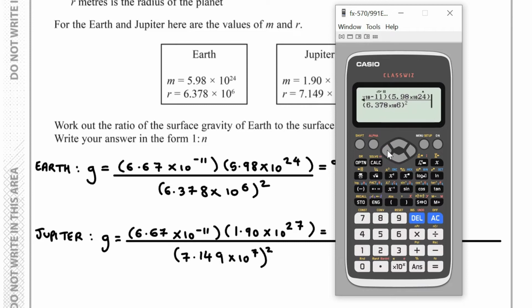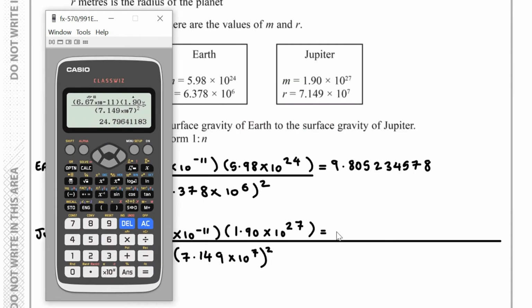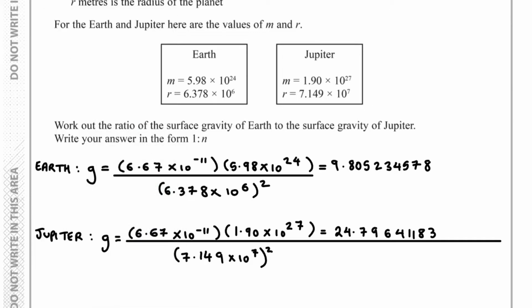What's inside this bracket we will change to 7.149 times 10 to the 7, and what's in this bracket we will change to 1.90 times 10 to the 27. So it turns out here we get 24.796411183. Okay, so this is the value of G for Jupiter.